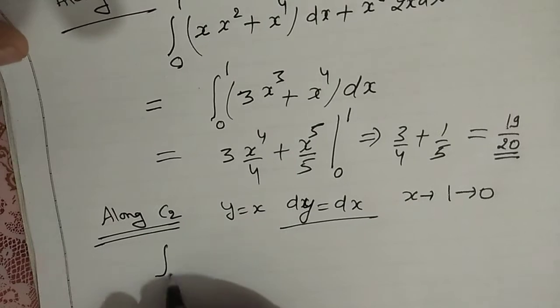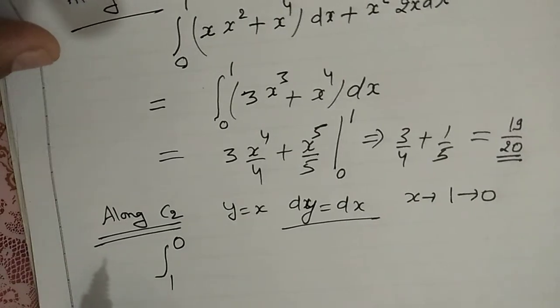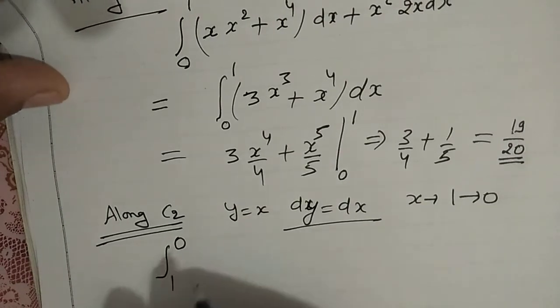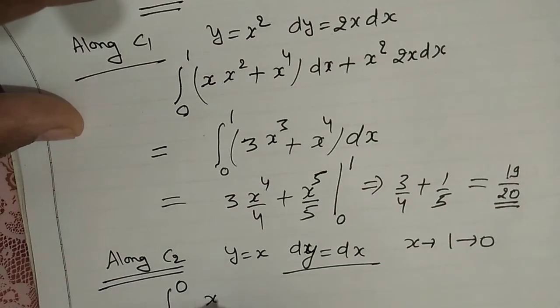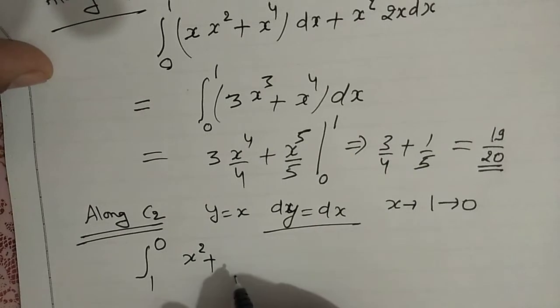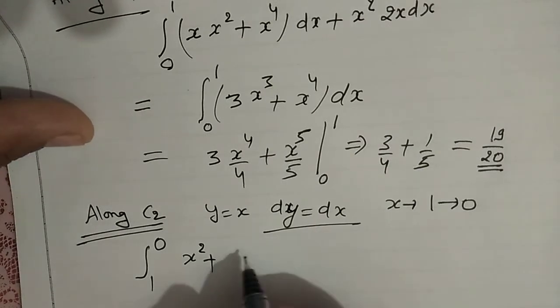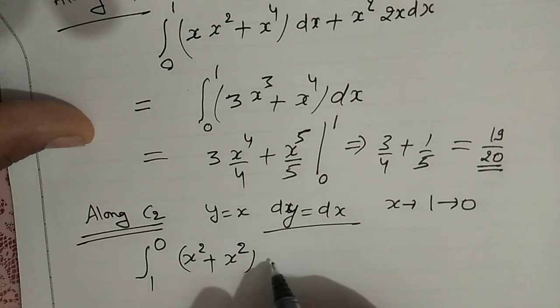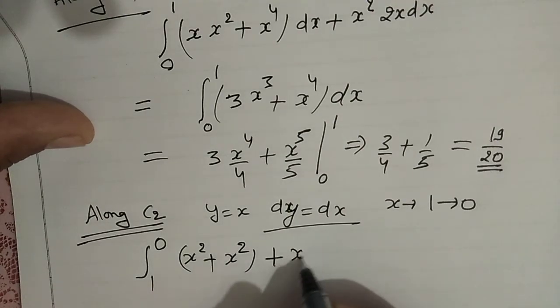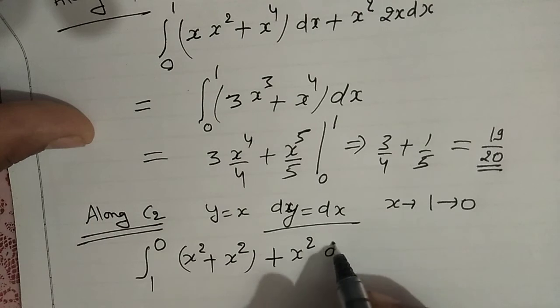So integral 1 to 0 of xy, which is x square, plus y square, which is x square, plus x square, dx.